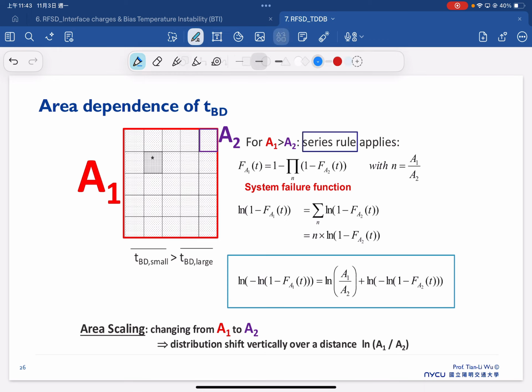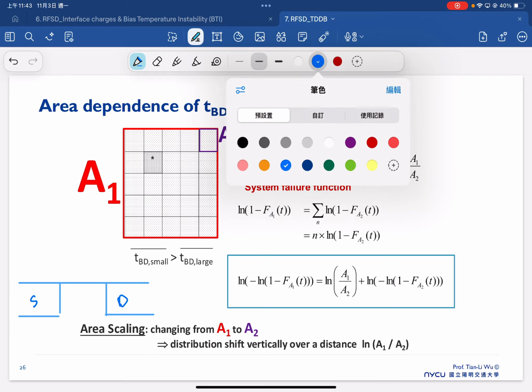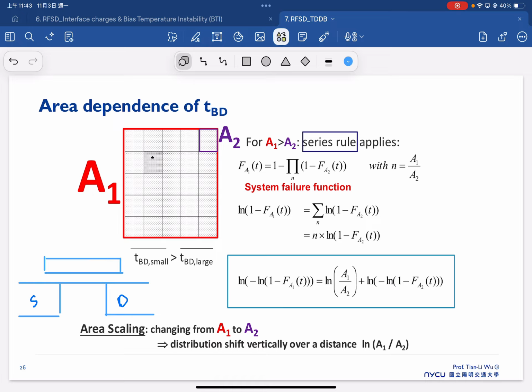if you look at the MOSFET here, we have the source, drain, and the dielectric, but this is only a two-dimensional schematic. If you look at the three-dimensional, we have the big area, a big gate area like this one.